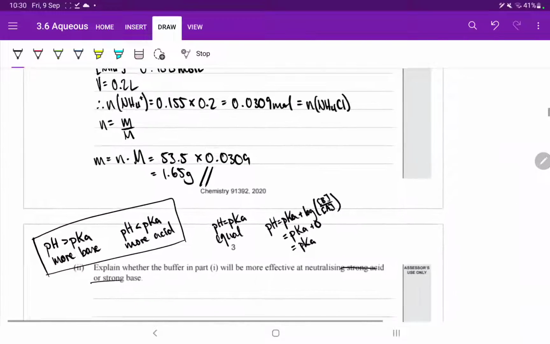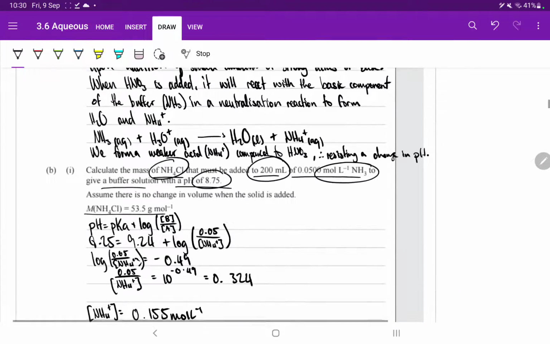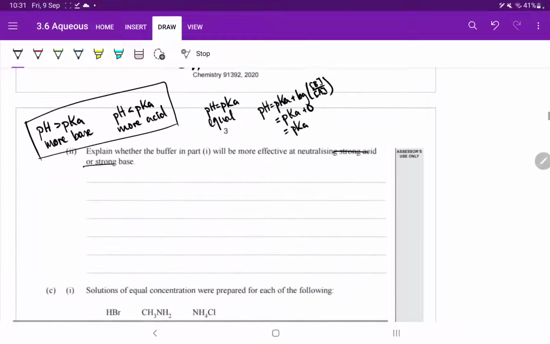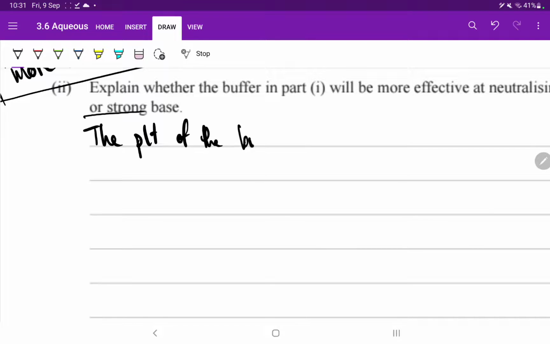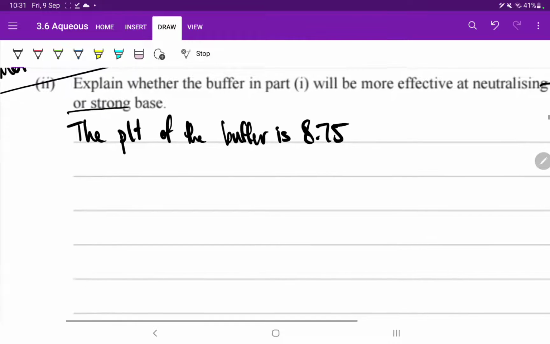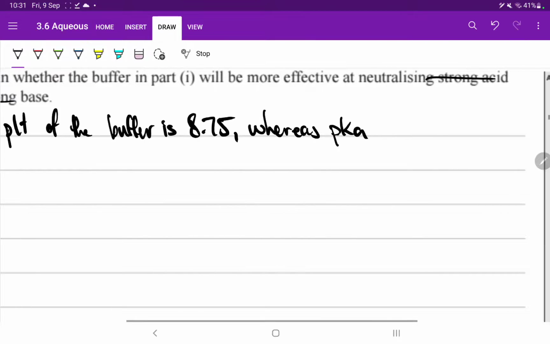So let's look back at our pKa, which is 9.24, and our pH is 8.75. So in this case, the pH of the buffer is 8.75, whereas pKa is 9.24.